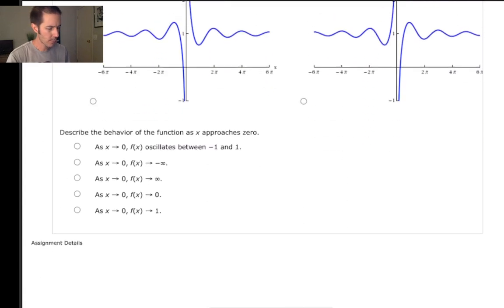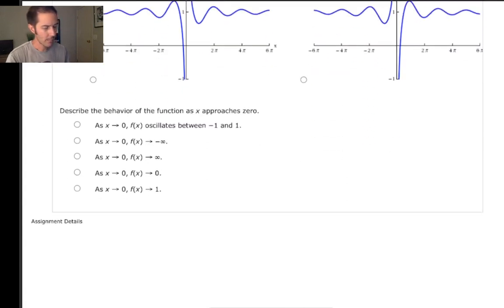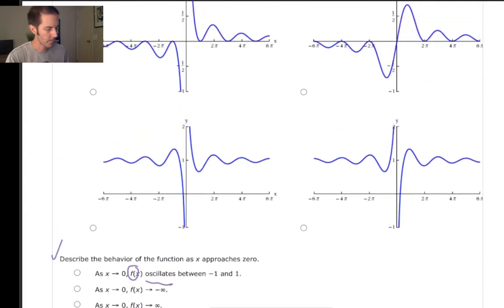After you've chosen the correct graph, hey, as x approaches 0, your function is oscillating, which means going back and forth between -1 and +1. That's one answer option. So the question is to describe the behavior of the function as x approaches 0.